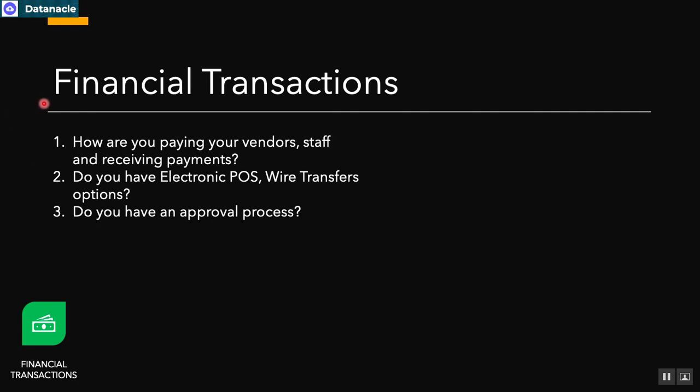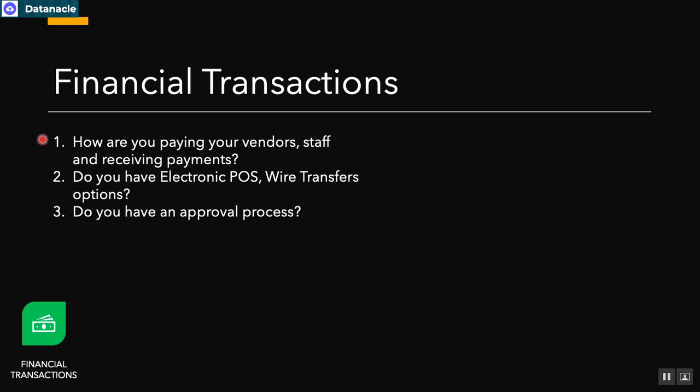All right, so on to financial transactions. Anyone running a business is obviously aware of the importance of their finances. What we're going to talk through here is the little items or the major items that matter a lot in your business continuity.